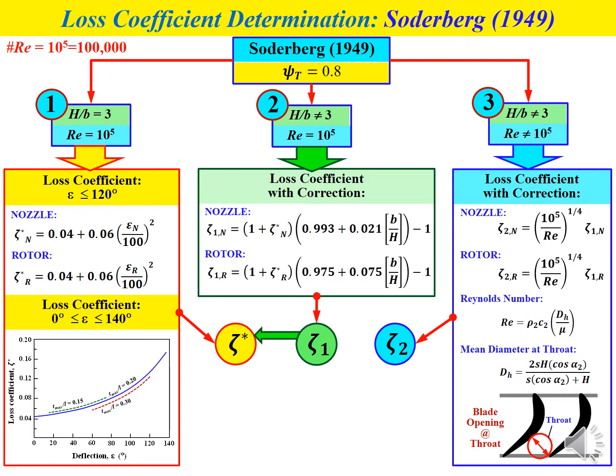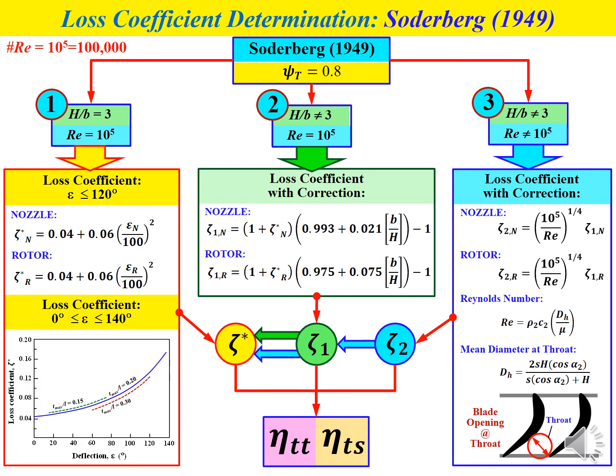However, to obtain the zeta 2 value, we need to know the zeta 1 value and also the zeta star value, because the third correlation equation involves zeta 1n and zeta 1r. So from these three correlations, we obtain the loss coefficient for different cases, and from this loss coefficient value we can determine the total to total efficiency and also the total to static efficiency. This is the summary for the Soderberg correlation that we learned in part 2.